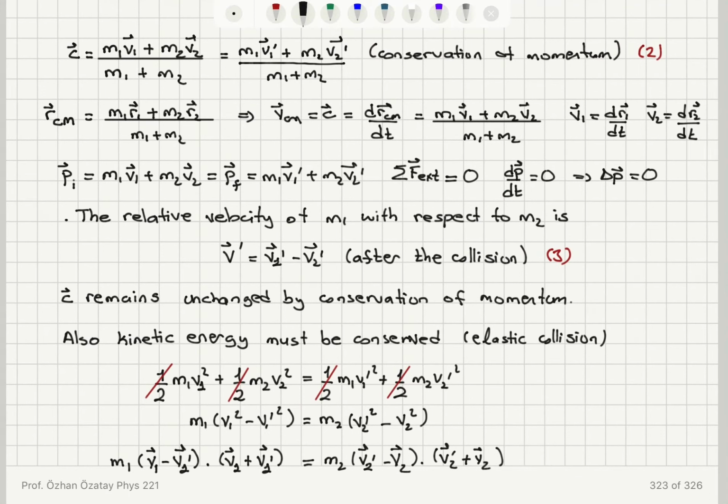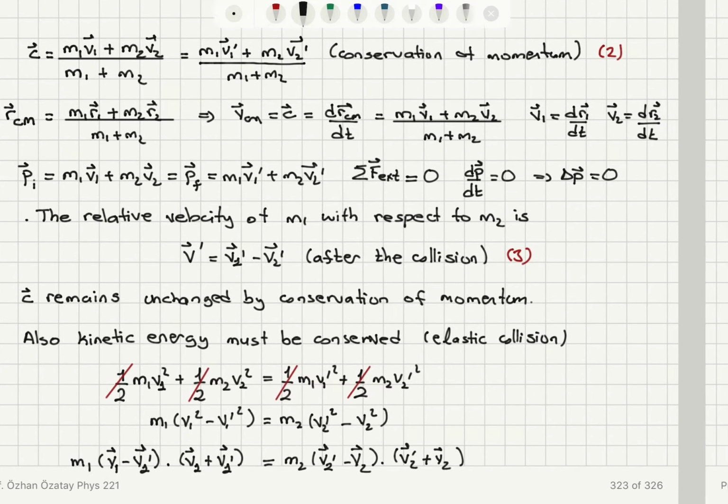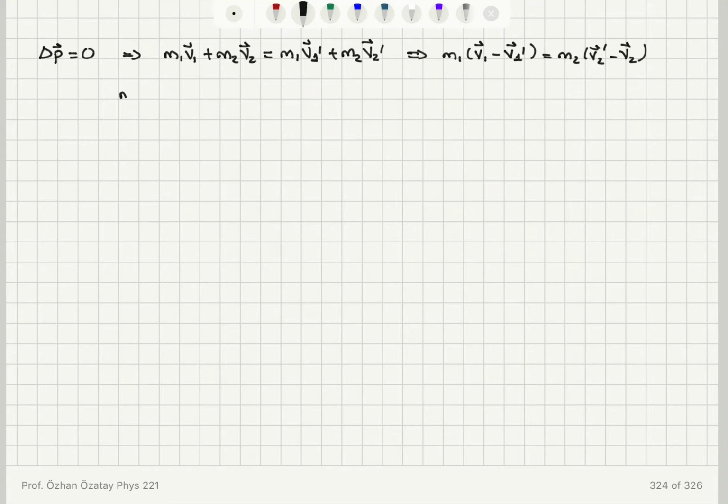equation that we obtained from the conservation of kinetic energy, we see that m1 (v1 minus v1 prime) dot product with (v1 plus v1 prime) must be equal to m2 (v2 prime minus v2) dot product with (v2 prime plus v2).